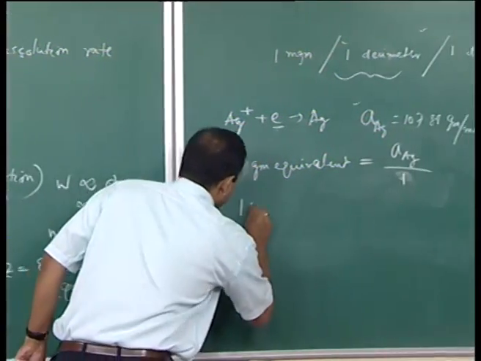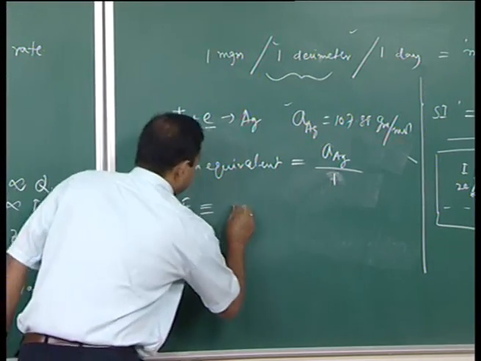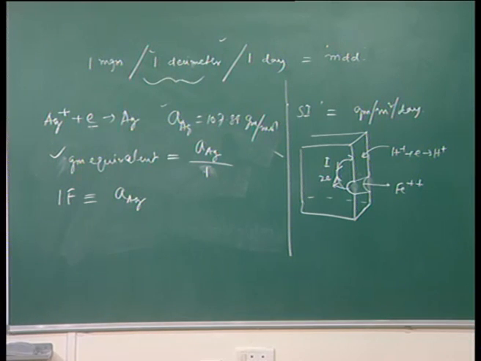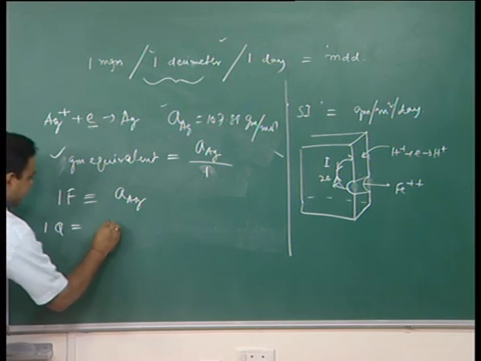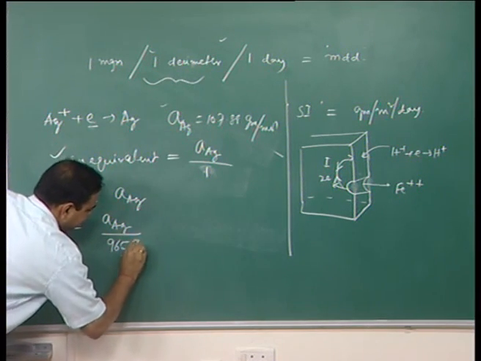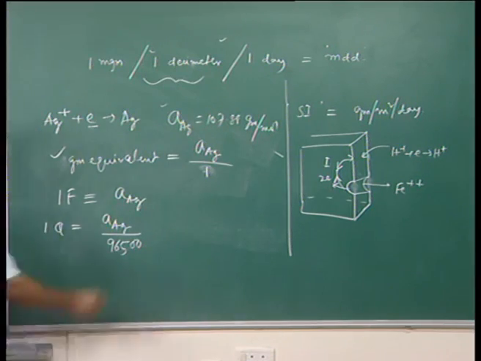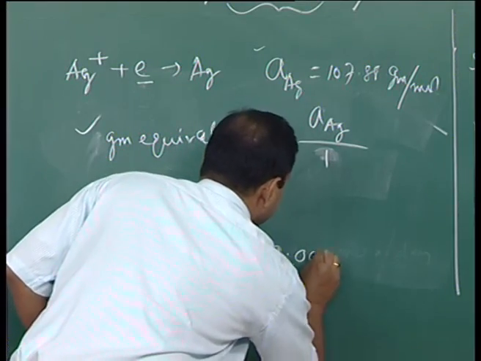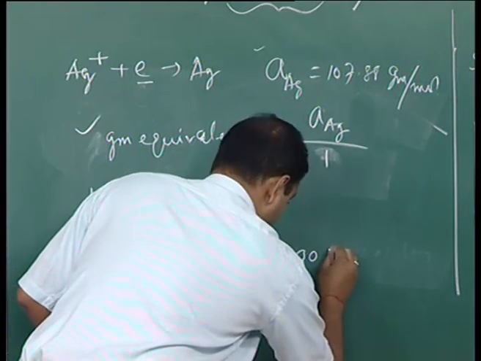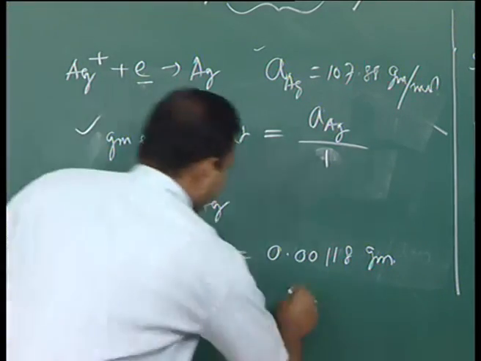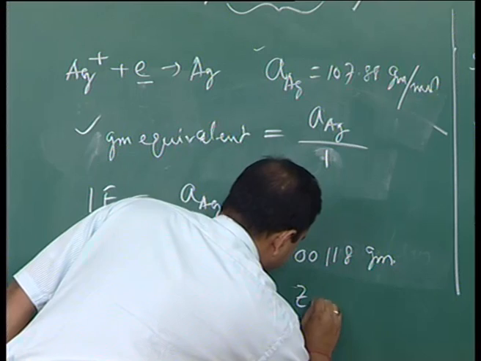Now, that means 1 Faraday is equivalent to Ag, since gram equivalent is equal to Ag. So, 1 coulomb would be equivalent to Ag by 96500 coulomb, which you can measure as 0.000118 gram. So, here Z is nothing but Z of silver.